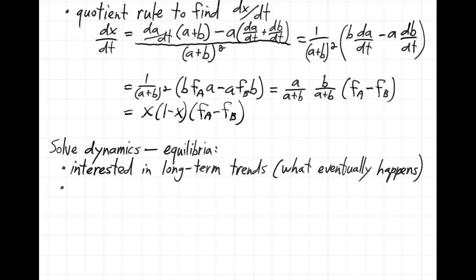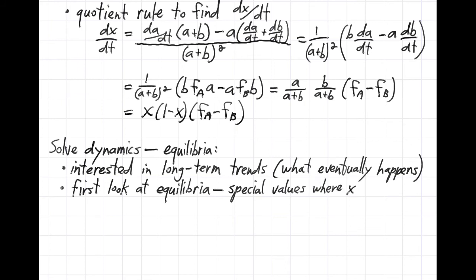The technique we're going to use is to look at the equilibria, which are special values where X doesn't change. You should keep in mind what the term equilibrium means here, and take note that we're not using it in the context of Nash equilibria. It's an important difference between those concepts.